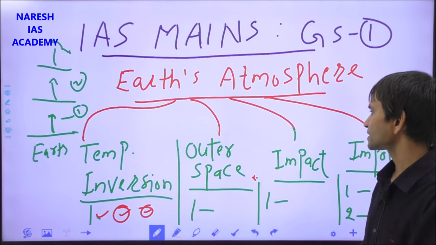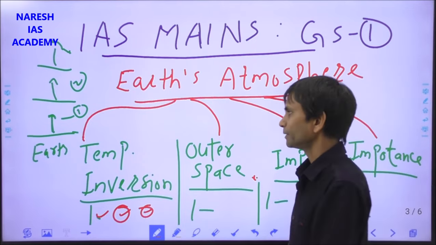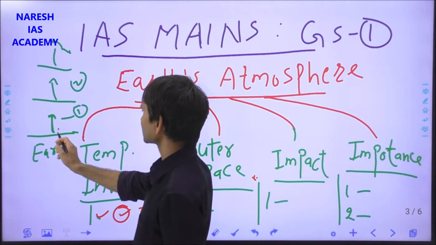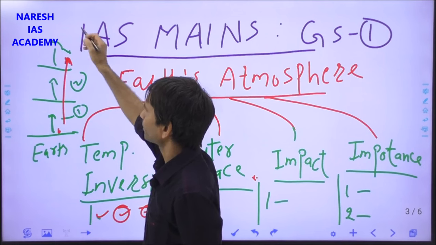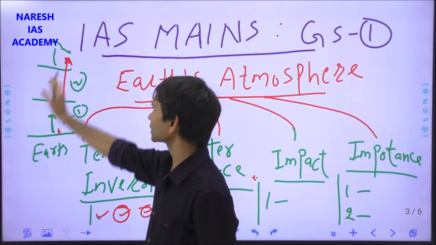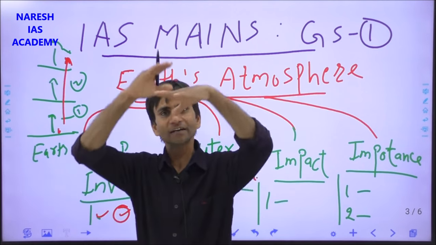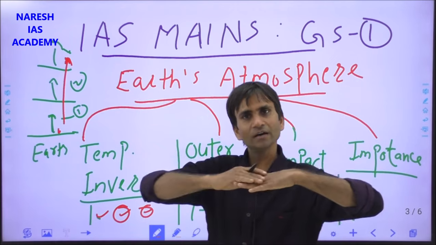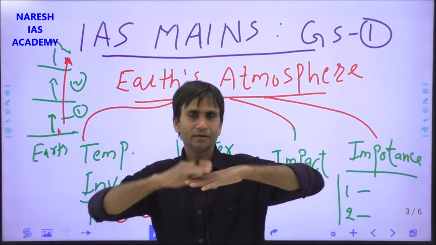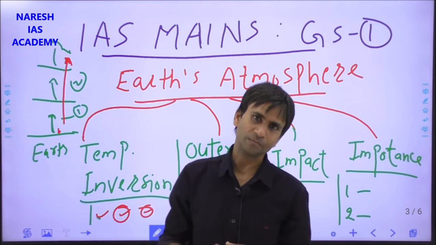The second aspect is, what do you mean by outer space? When we move from the Earth's surface to the uppermost layer of the atmosphere, what is the certain limit of the atmosphere from where we can trace the boundary of space or outer space?